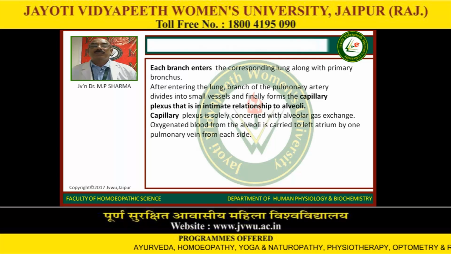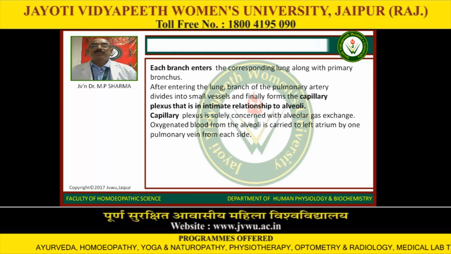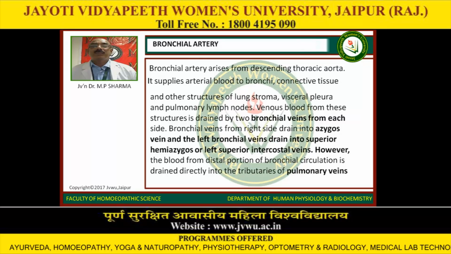After entering the lungs, the branch of the pulmonary artery divides into small vessels and finally forms the capillary plexus that is in intimate relationship to the alveoli. Capillary plexus is solely concerned with alveolar gas exchange. Oxygenated blood from the alveoli is carried to the left atrium by one pulmonary vein from each side.